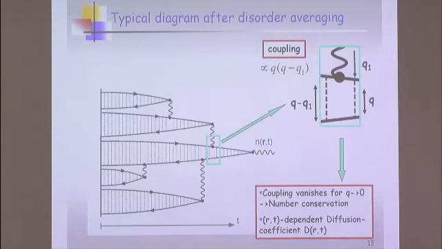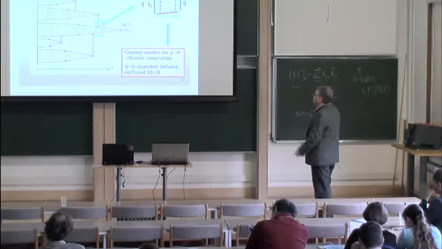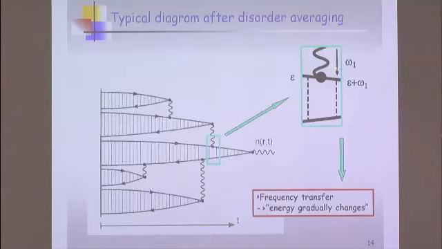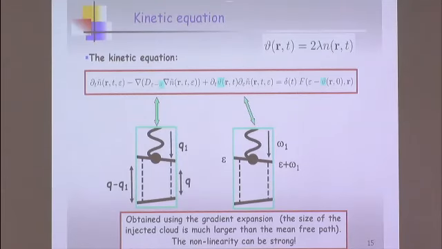And the question is how to describe it. So there are two kinds of processes. One is exchange of the momentum during this nonlinearity, and the other one is exchange of energy. So the result is that the effective kinetic equation which one can derive in this case is that one.